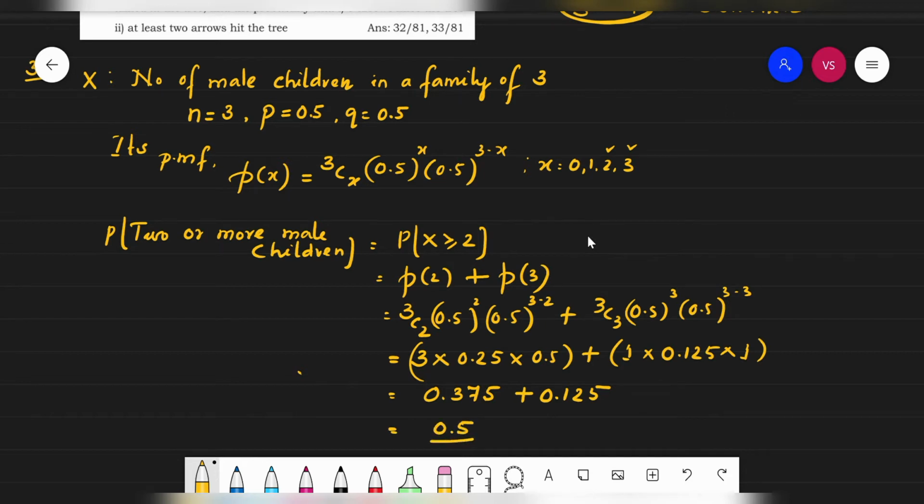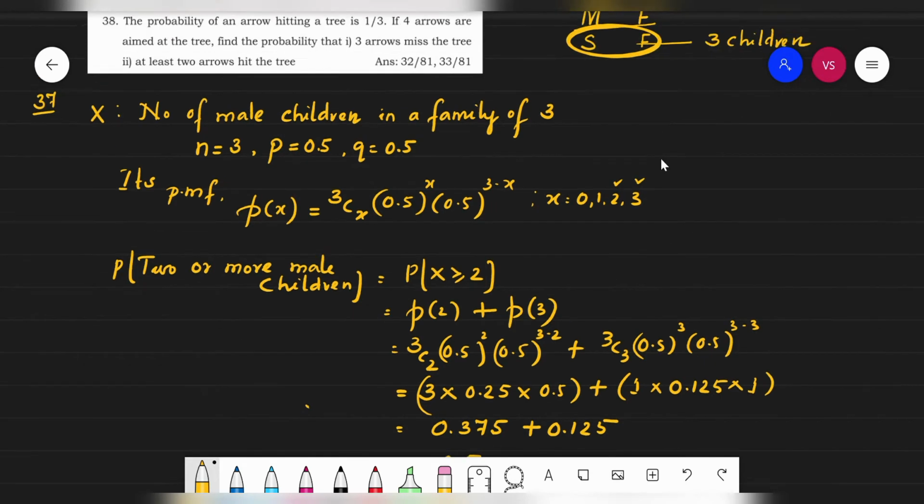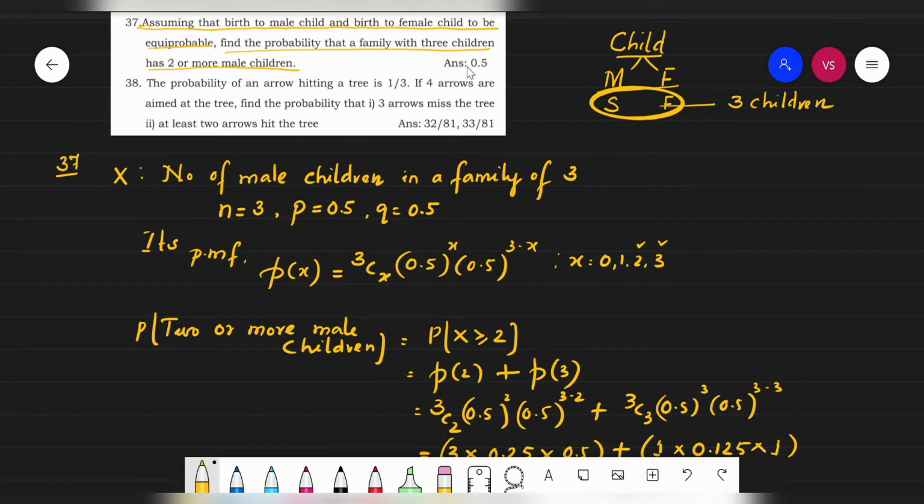So the probability of 2 or more male children is 0.5, and that is the answer. See, our answer is 0.5.